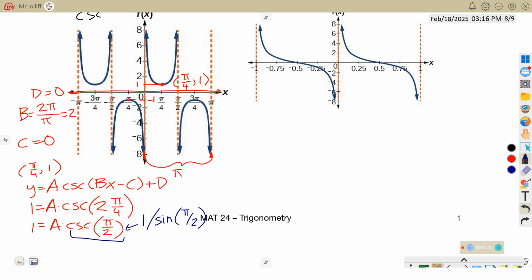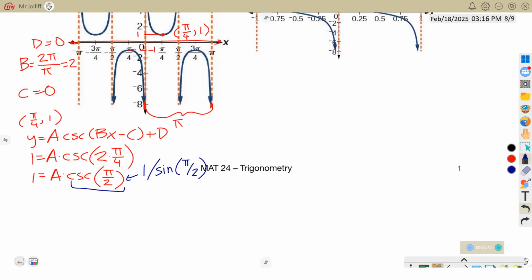So 1 divided by sine pi over 2. And show me on your figures what you get. I see a couple ones. So this is just 1 equals a times 1, which means a is 1. Let me write it out.